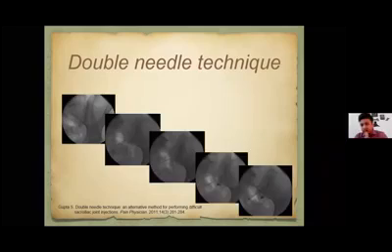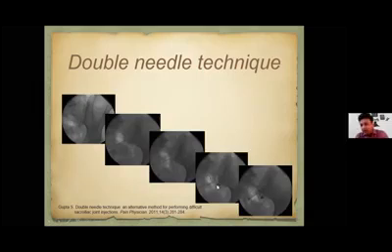If it is coming to the bone, like in this second figure, you can see that in the first figure we placed the needle inside the joint, but when we changed the angle of the fluoroscope, we found that the needle was on the bone, not in the joint. So keep that needle there, don't take it out. Use another needle at that angle and place it inside the joint.